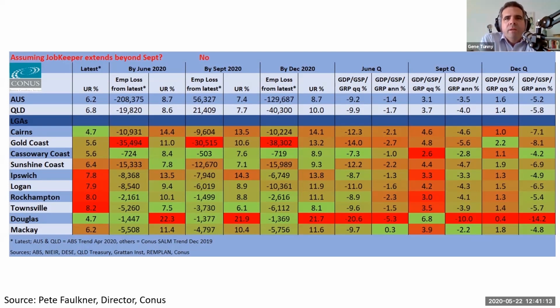We need to think about that border, and if we can get it open before the school holidays, this is coming up to a critical period because these businesses rely so much upon that business coming in over that school holiday period. So hopefully we'll be able to open up that border.